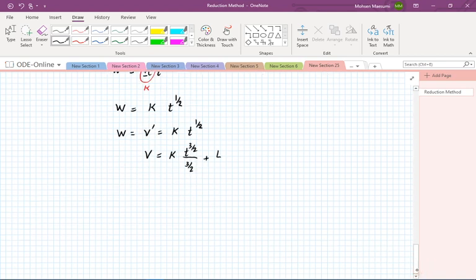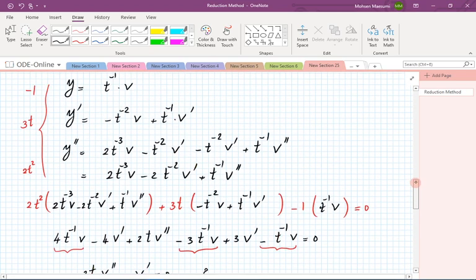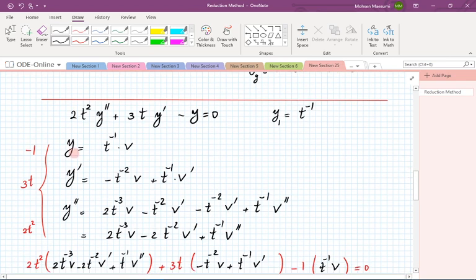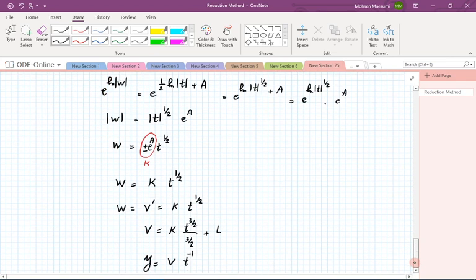We wanted y. Who was y? y was v times y1. y1 was given to us as t to power of -1. Let's see. We have hopefully not lost it: y is v times t to power of -1.